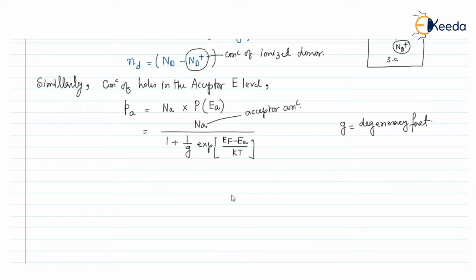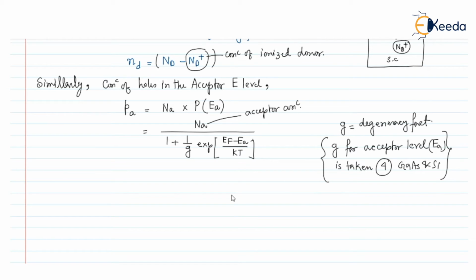And this degeneracy factor g for the acceptor energy level is taken as a value of 4 for gallium arsenide and silicon. It is an experimental value for the degeneracy factor for the acceptor energy level, that is Ea, for silicon and gallium arsenide, which has a value of 4.